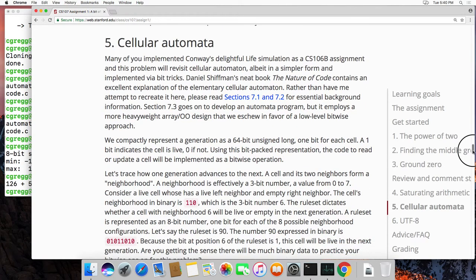The next one is an interesting one. If you were in cs106b and you did the game of life assignment, this will be relatively similar in thought, except now we're going to actually do it using bit operations, and we're going to do it in 2 dimensions instead of 3 dimensions. So in some sense it's slightly less intense.